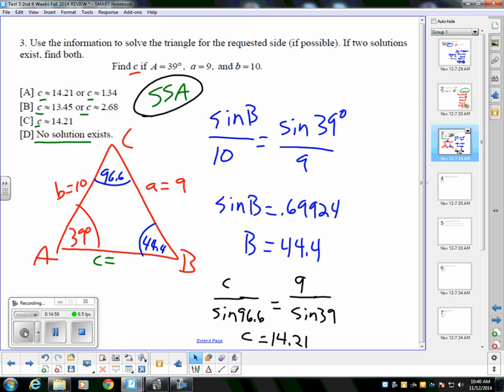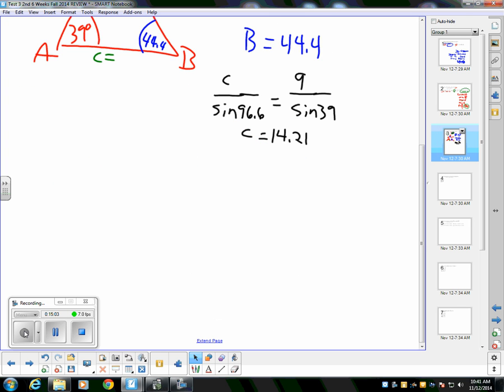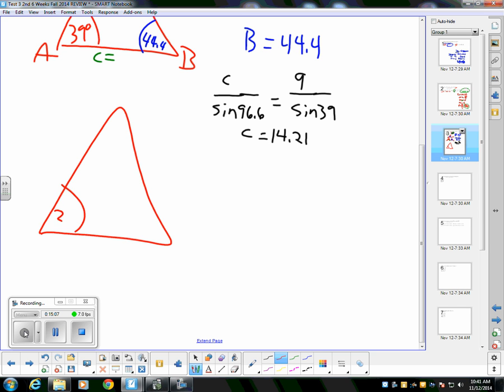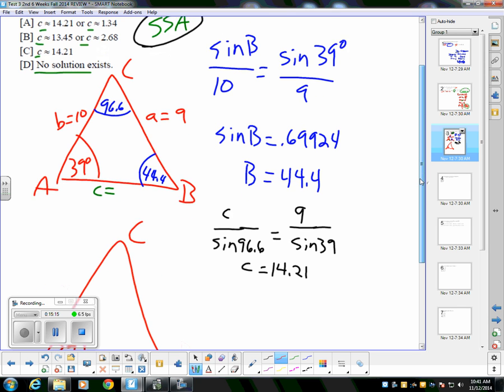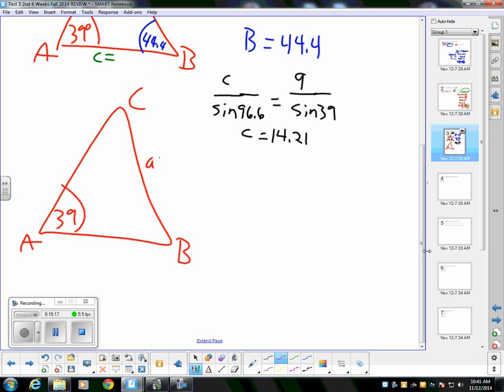I'm going to scroll this down here. If I drew another triangle like this, if I did A was 39, and I knew then that I had 9 and 10, I could go through the whole thing again.